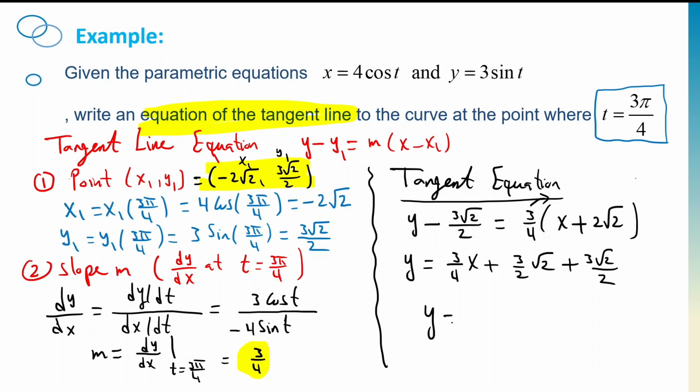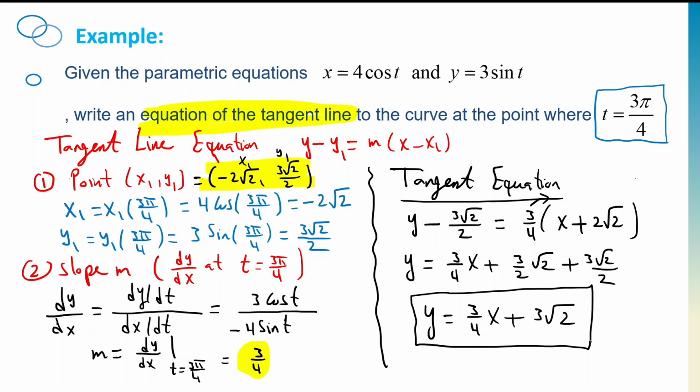So basically I can write the final result as 3 over 4x plus 3 radical 2. And this is the tangent equation at the point at t equals 3 pi over 4. Okay, let's see what we have next.